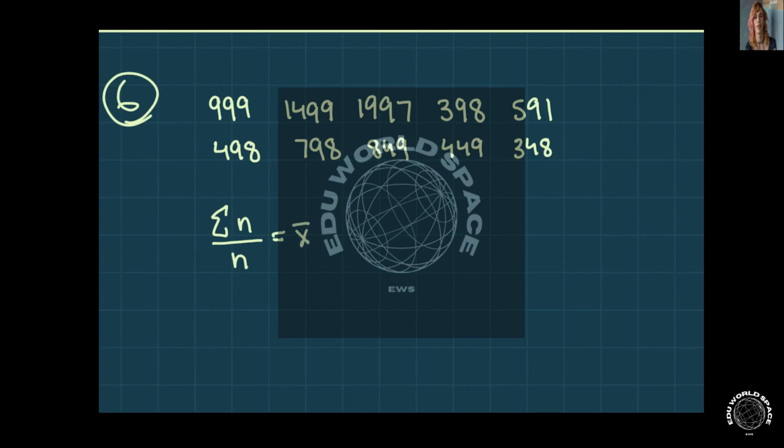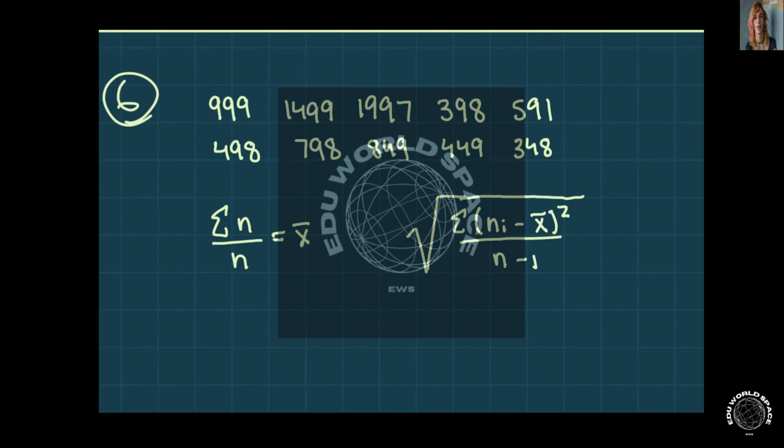Your standard deviation is calculated using this formula, where you would take the root of your differences all over n minus 1.